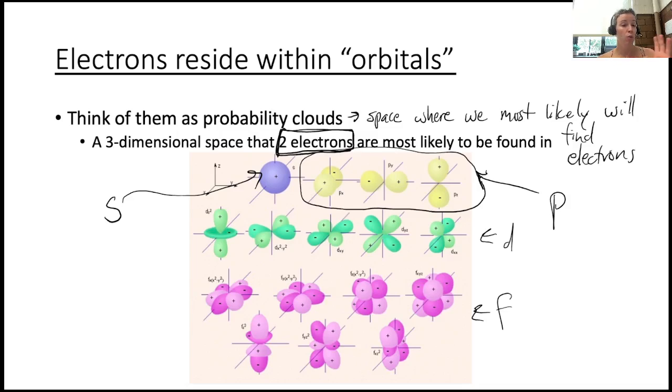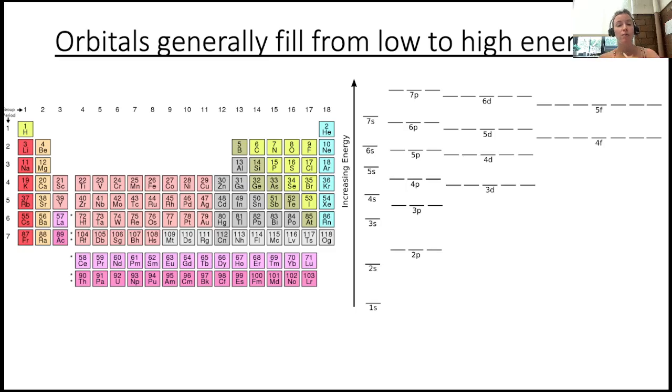How do we know which type of orbital an electron might be in, s or p, for example? Well, all of these orbitals, you could kind of line them up based on their energy level, okay? Some are super low energy, some are super high energy.